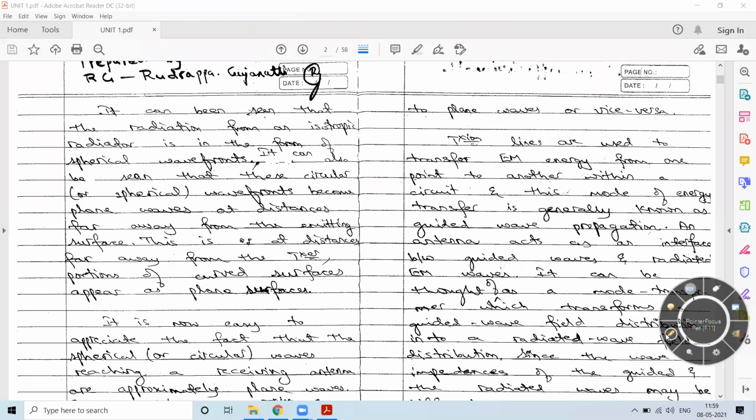Now, why do spherical waves appear to be plane waves?